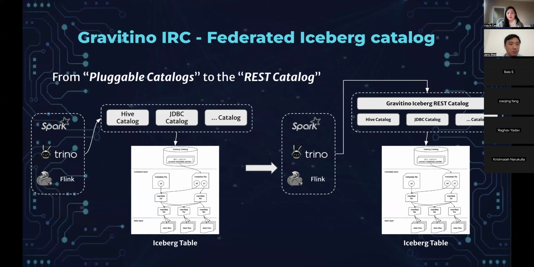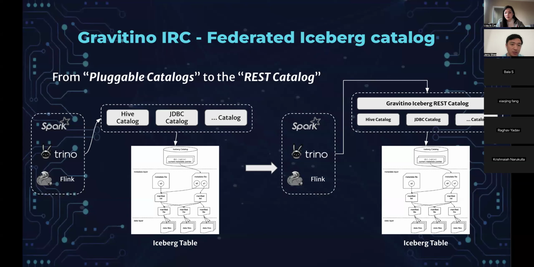So bringing the concept from Gravitino to Iceberg, we also build a federated layer on top of the currently existing Iceberg catalogs to build our federated Iceberg REST catalog. So we are moving from the pluggable catalogs to the REST catalog.